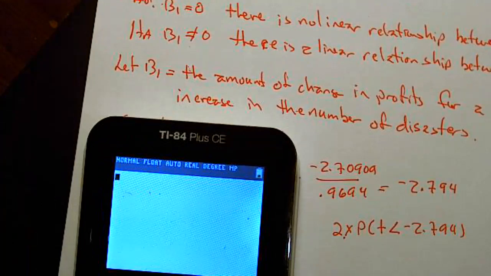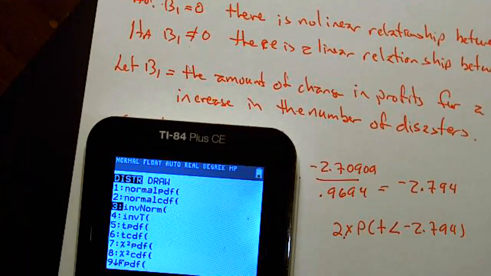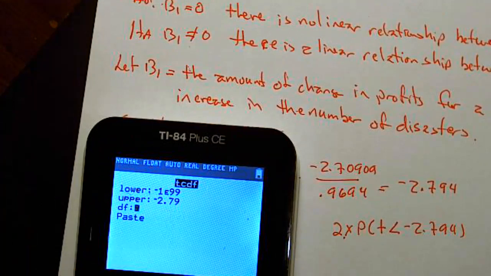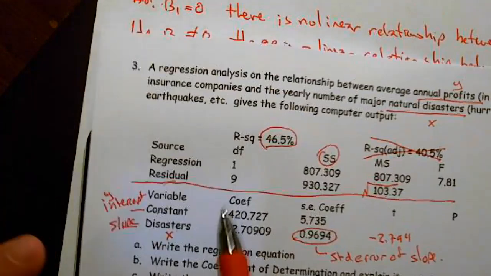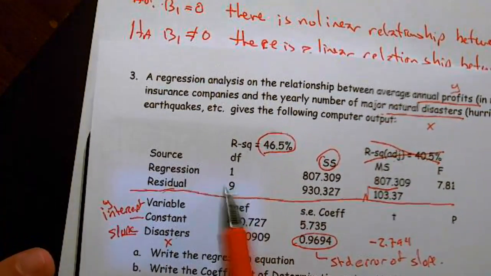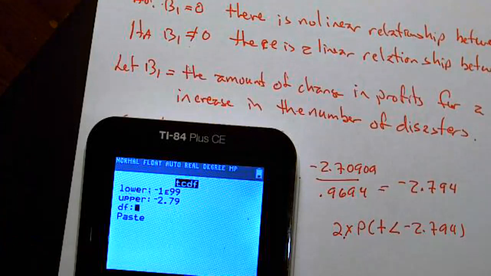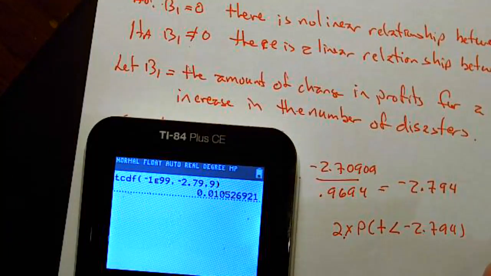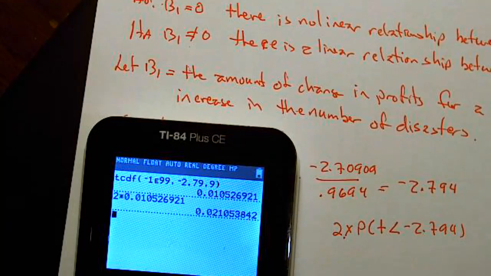From the calculator, second vars, tcdf, lower bound, there it is, degrees of freedom. Once again, they didn't give us our sample size, but we have our degrees of freedom right here on our residuals. All right. And we end up getting 0.015, but I need to multiply by that 2 times that, and that equals 0.02105.